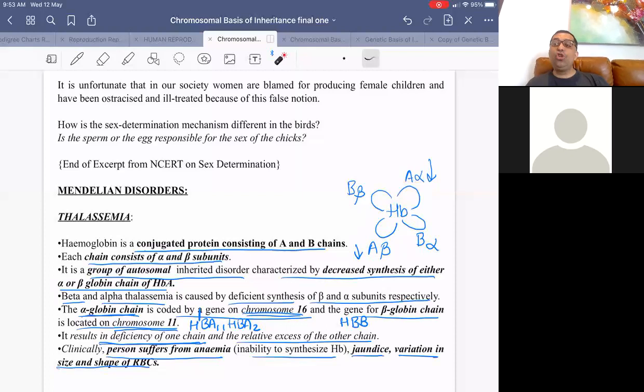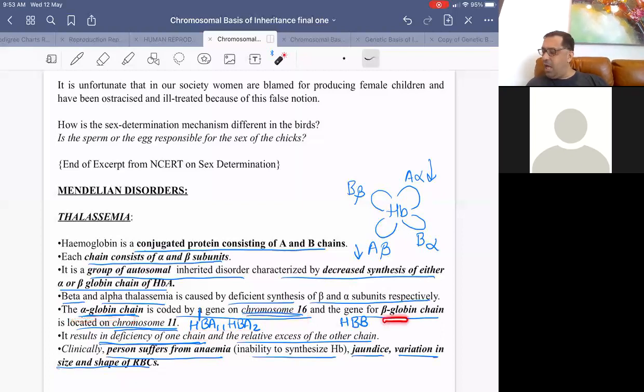So you may have beta thalassemia, A beta affected, or alpha thalassemia, A alpha affected. By the way, ये genes हैं कहां पर? The A alpha globin chain is coded by genes called HBA1 and HBA2 on chromosome number 16. तो आपके autosome पे, if you remember, it's an autosomal disorder, and alpha globin chain HBA1 and HBA2 gene on chromosome number 16 ये mutate हो जाएगा तो A beta globin chain नहीं बनेगा.